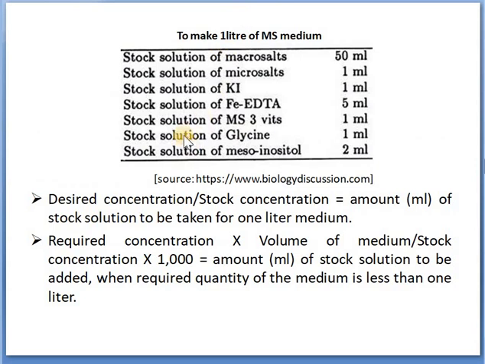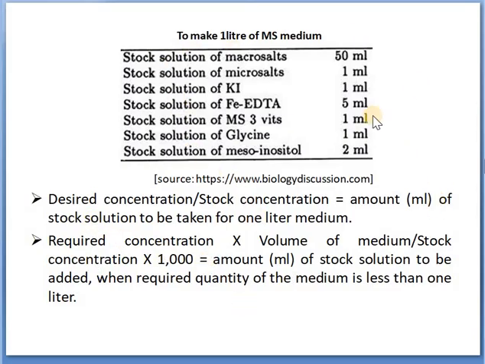Once the stock solutions are prepared and stored, the desired volume of stock that has to be used is calculated using these two formulae. The desired concentration of stock solution is equal to the amount of stock solution taken for 1 liter of media. If the quantity of medium that is to be prepared, that is the working medium, is less than 1 liter, then the required volume of stock solution is calculated by using the second formula as shown here.